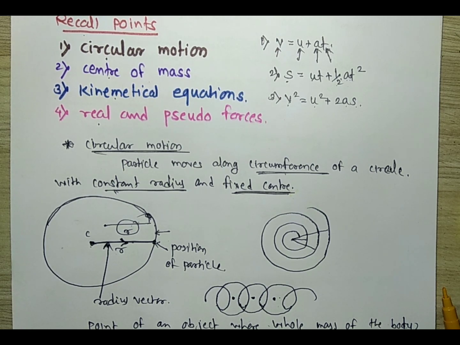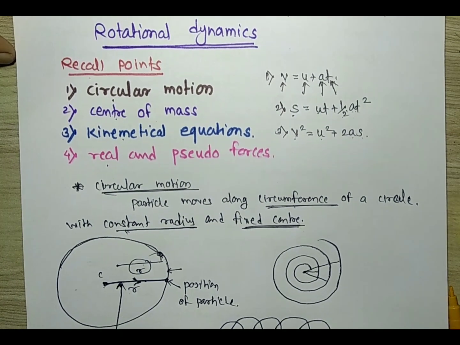Then the third one is v² = u² + 2as. Those are the kinematical equations, and they are fundamentally required for rotational dynamics. Those are the recall points related to our rotational dynamics.